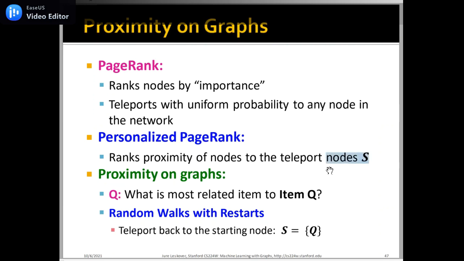Right now every time we jump back or randomly jump, it will not jump to any node over the graph. It will teleport to a specific node in this set S. So it's also called random walks with restarts, restarting from a specific set or a specific starting node.